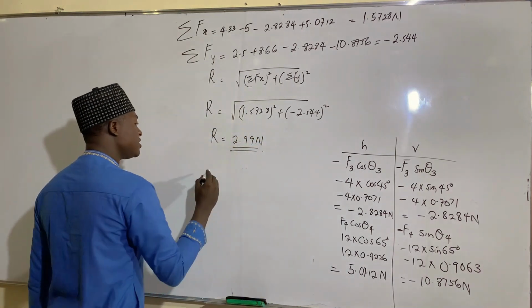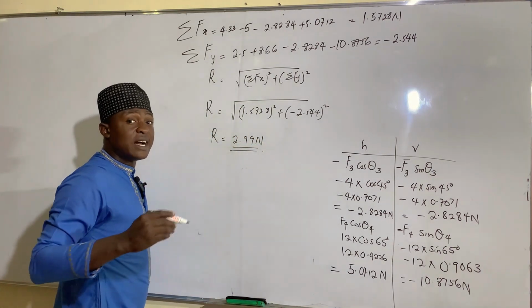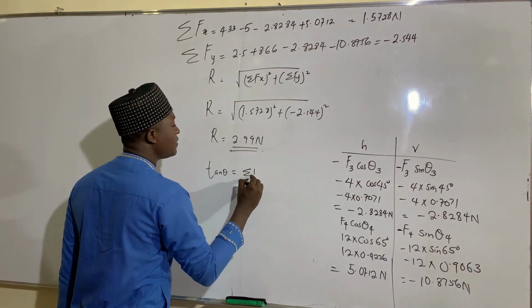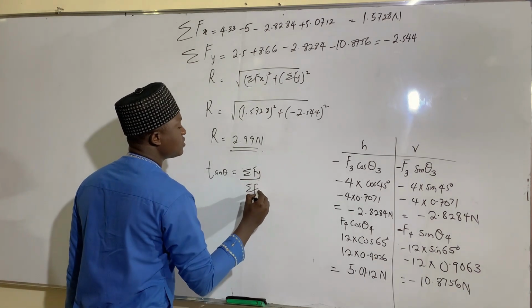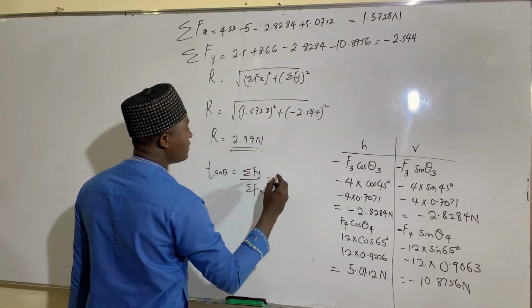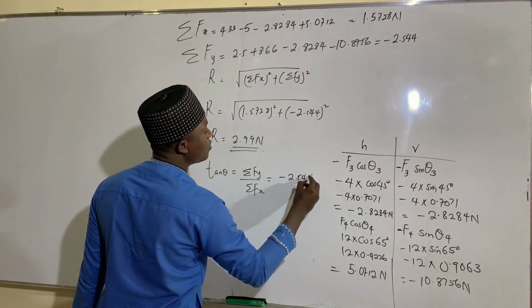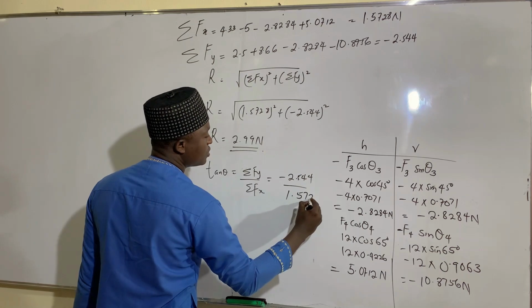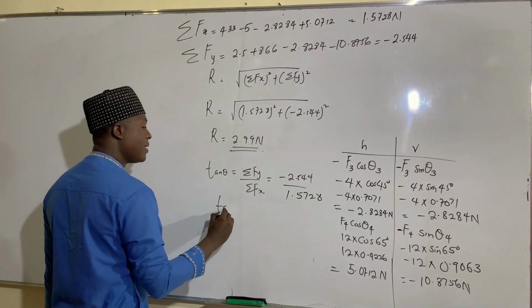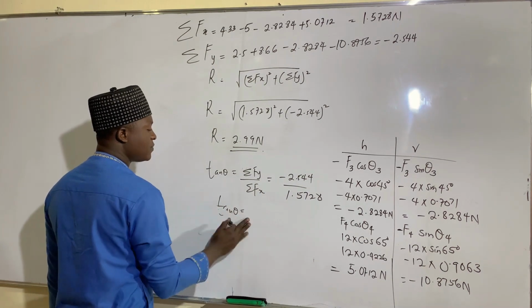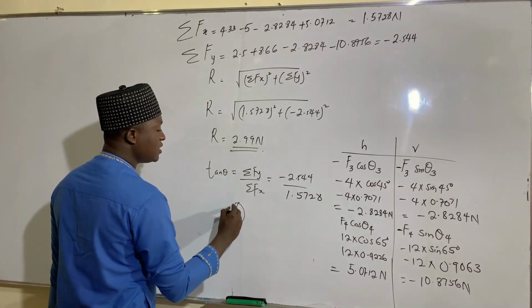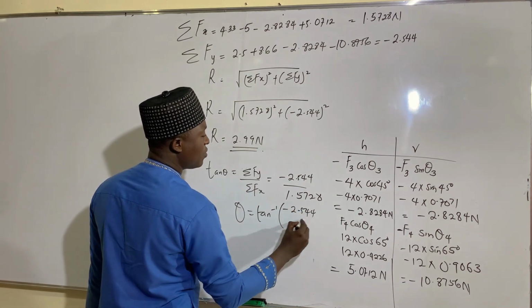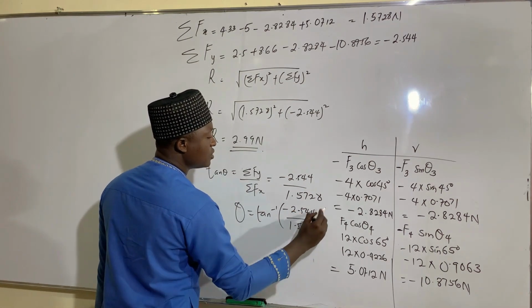Now I was asked to find direction. I told you that if you want to find direction, direction is theta, the angle theta. I can have tan theta equal to summation of Fy divided by summation of Fx. Summation of Fy is minus 2.544, divided by Fx, which is 1.5728. So theta will be tan inverse of minus 2.544 over 1.5728.